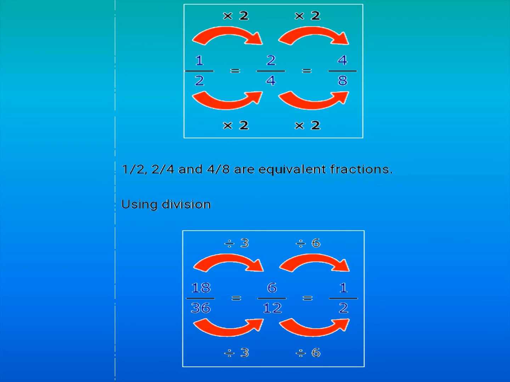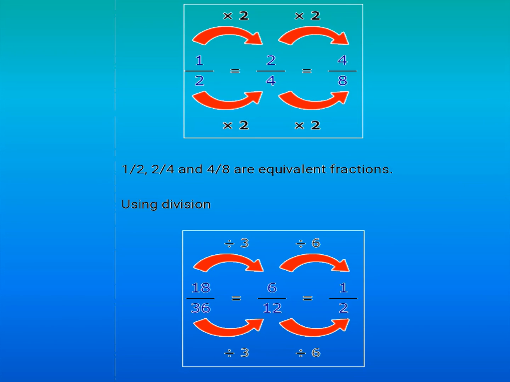Suppose one digit is given to you, in numerator is given 6. You have to find out denominator. Then what you will do, 6 divide by 3. 6 3s are 18. Same will happen here. 3 what gives 36? That is 12 3s are 36. So we shall write 12 here.